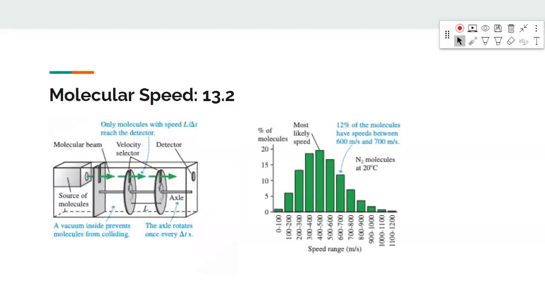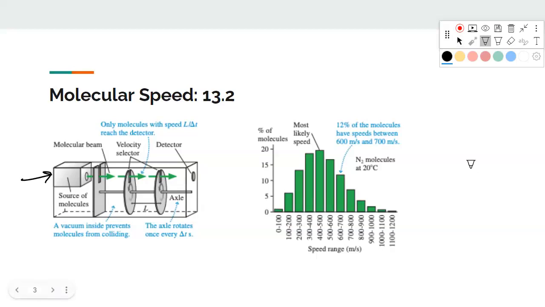So this picture on the left just gives you an example of how we could measure the speed of a gas, because it's kind of a cool experimental question. So what we have on the left is a box of gas at some temperature. And then the rest of this is all evacuated.